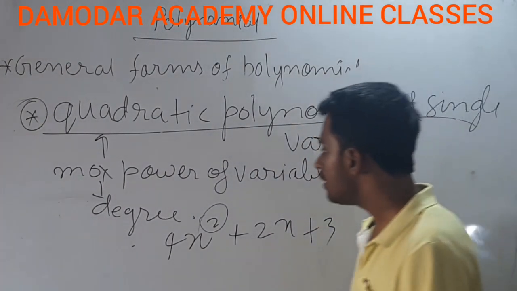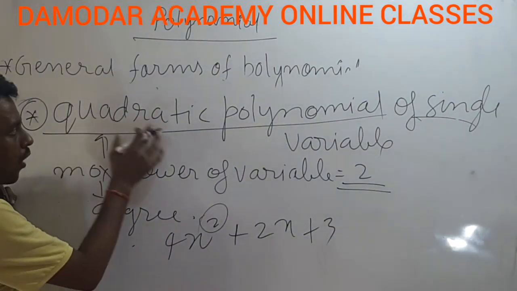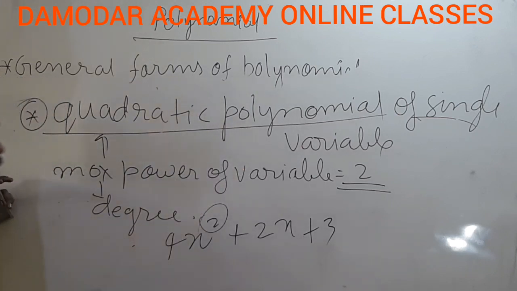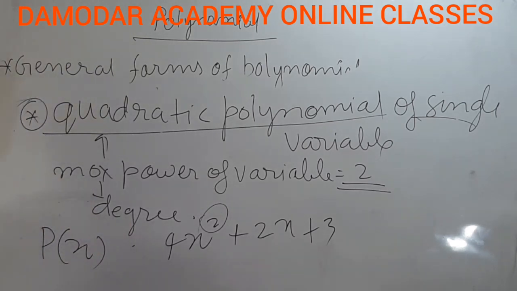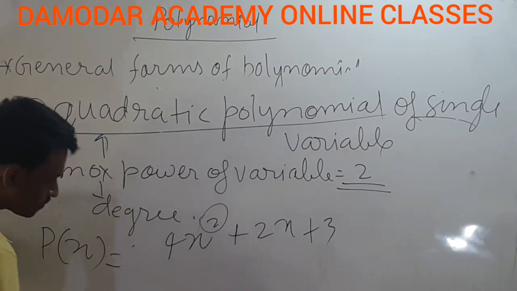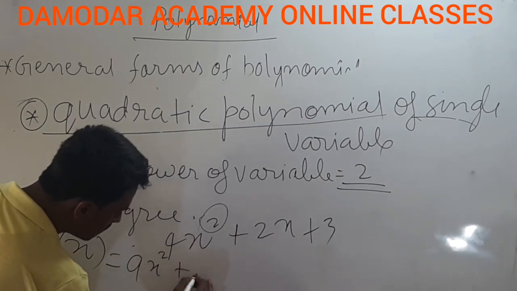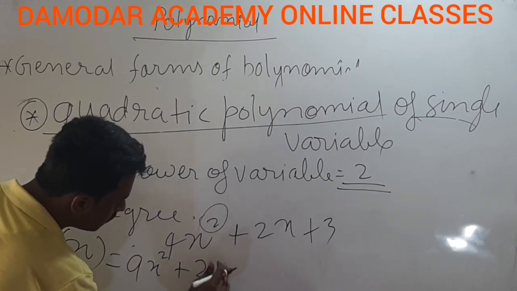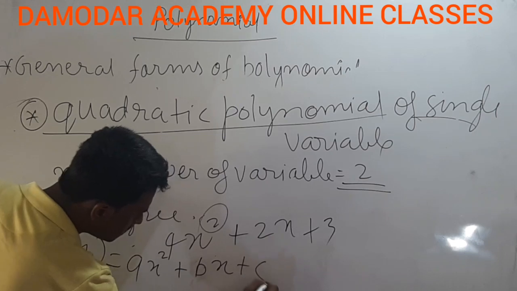Okay? Now my dear students, how can we write the general form of a quadratic polynomial of a single variable? Single variable means x. One variable: p(x) = ax to the power 2 plus b into x plus c.